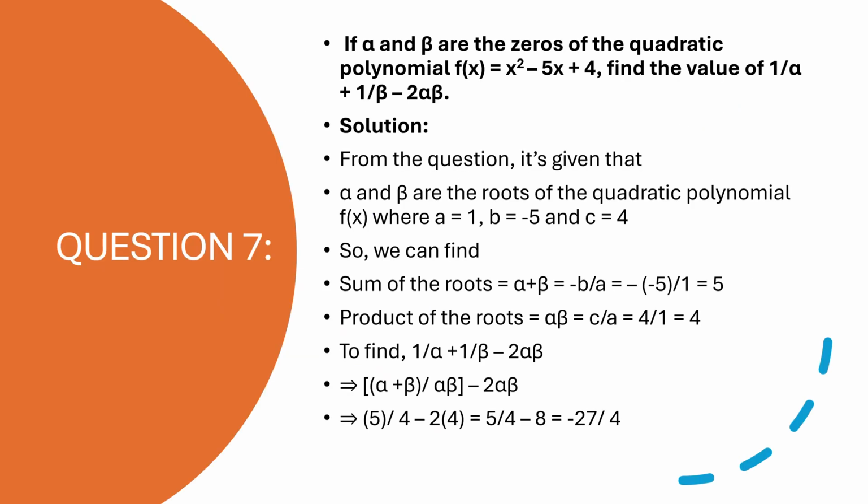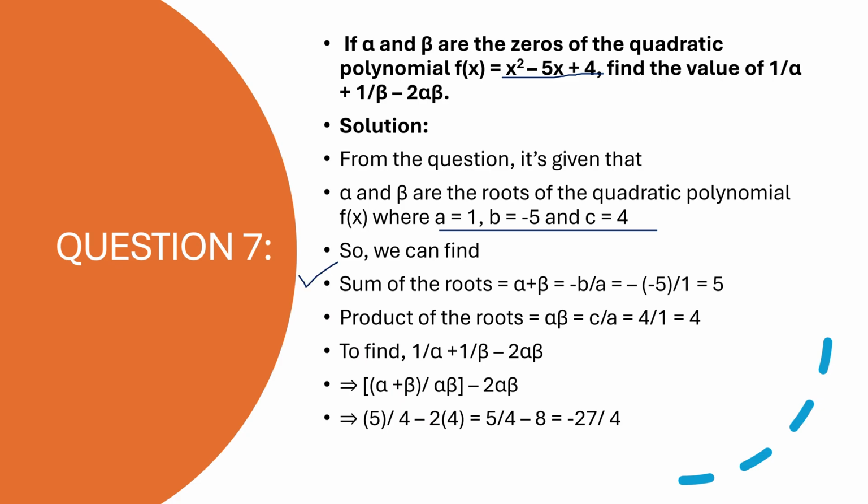Let's see question number 7. If alpha and beta are the zeros of the quadratic polynomial x squared minus 5x plus 4, find the value of 1 upon alpha plus 1 upon beta minus 2 alpha beta. As I have taught you in the previous slides, the first thing you have to do is find out the values of A, B and C. Second is what?